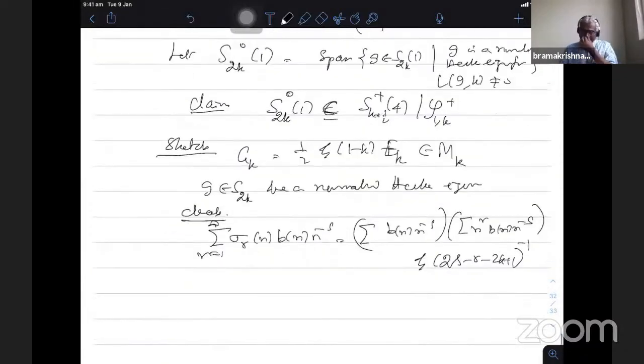So when I consider this particular product, the Fourier coefficient, it is a product of 3 Dirichlet series, one is this Riemann zeta inverse. This is true for real part of s greater than r plus k plus 1 by 2. So that is the first thing he observes.